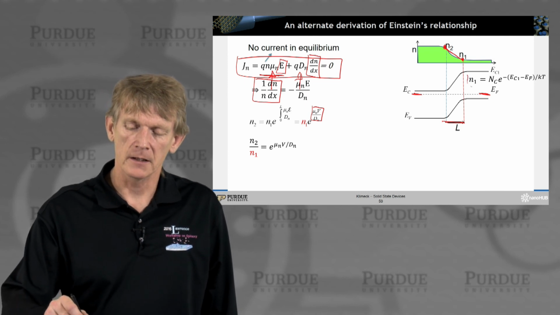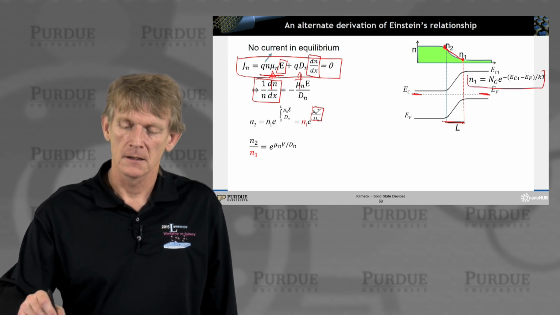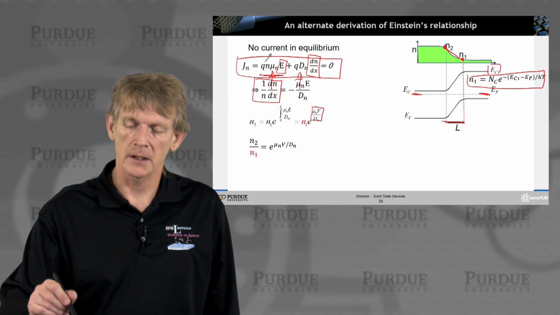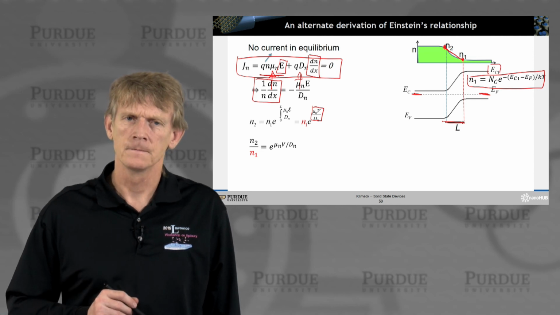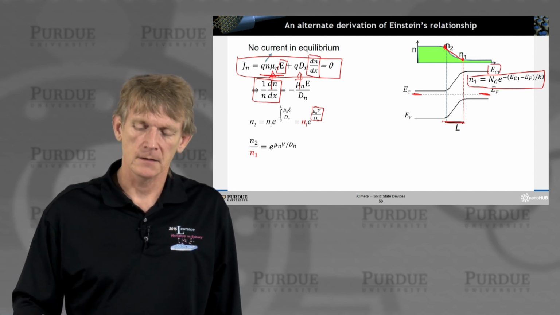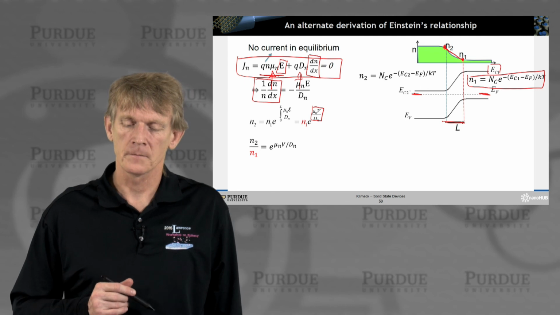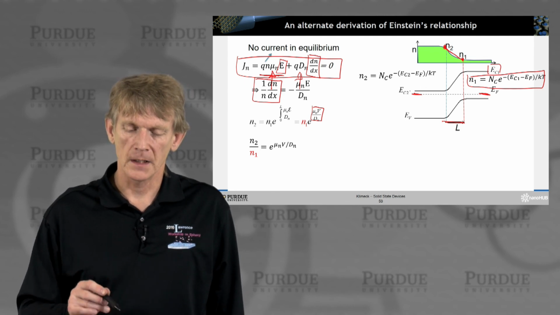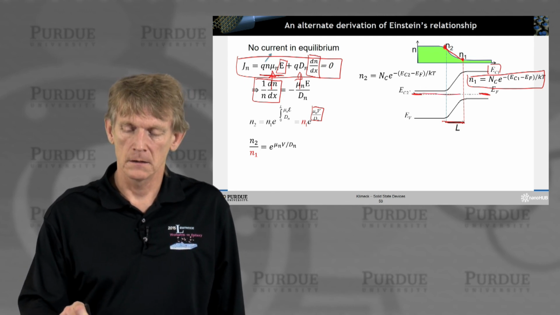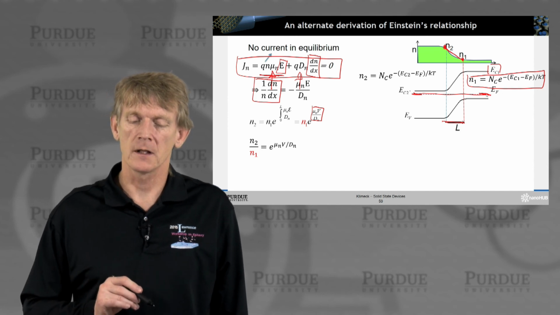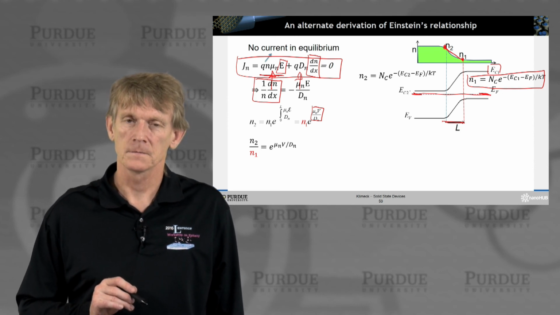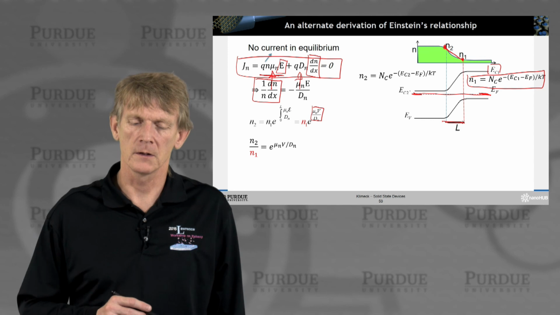But I could calculate an electron density given that I have a conduction band edge and a Fermi level. And I can do that the same way on the right. And I know that across this device, the Fermi level must be constant. Okay, that's local thermal equilibrium.